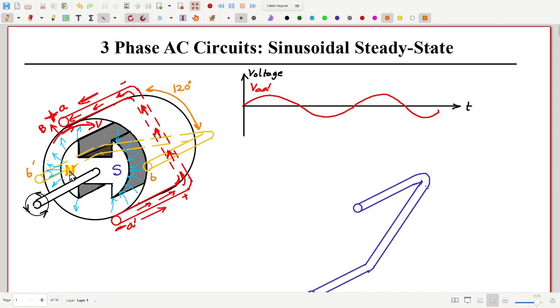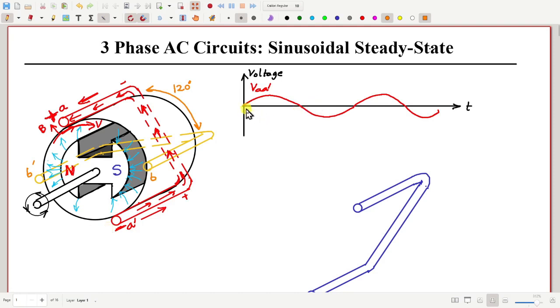Then the moment when this north pole crosses below this side A, after some time from that, the north pole will go under the side B. Okay, therefore the induced voltage in this conductor BB prime will lag the voltage induced in AA prime by 120 degree or by some time.